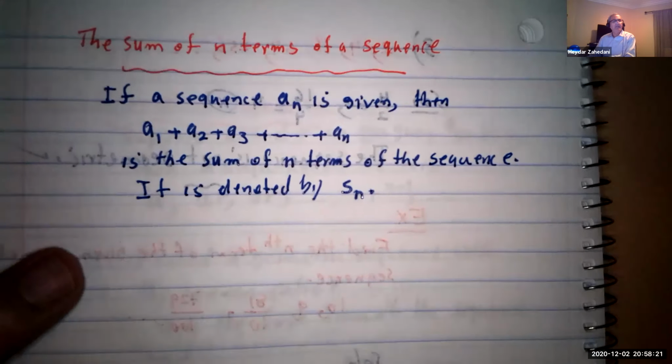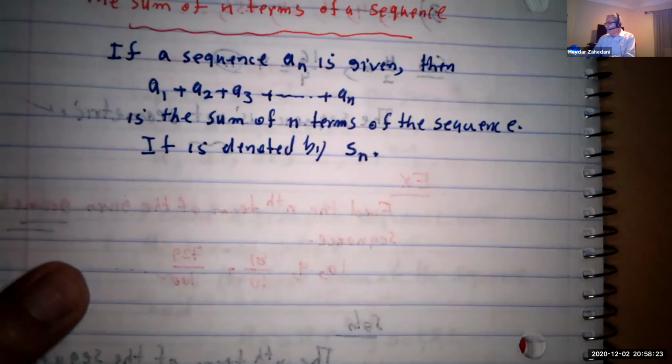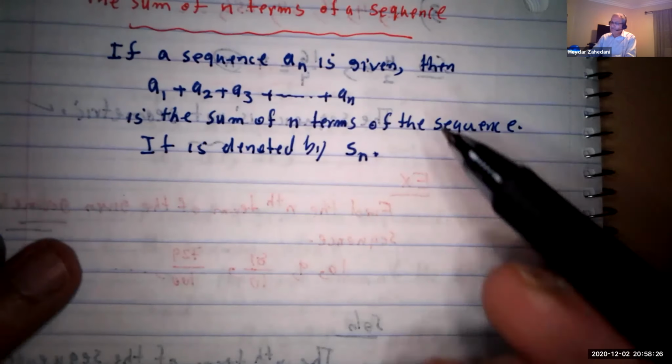S for the sum, n for the number of the terms that we are going to have.